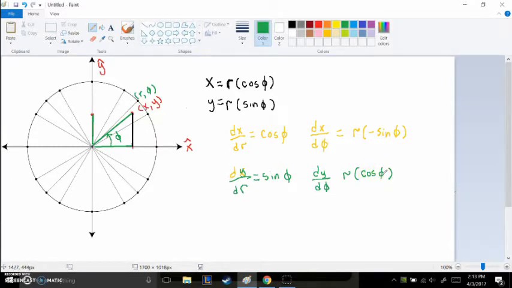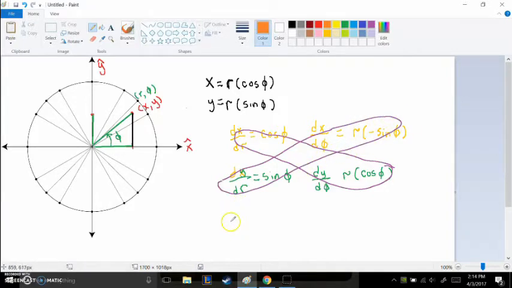Okay, so what we're actually going to do is find the determinant of this. So I'm going to use my diagonal downs minus my diagonal ups method. So this guy minus this guy.